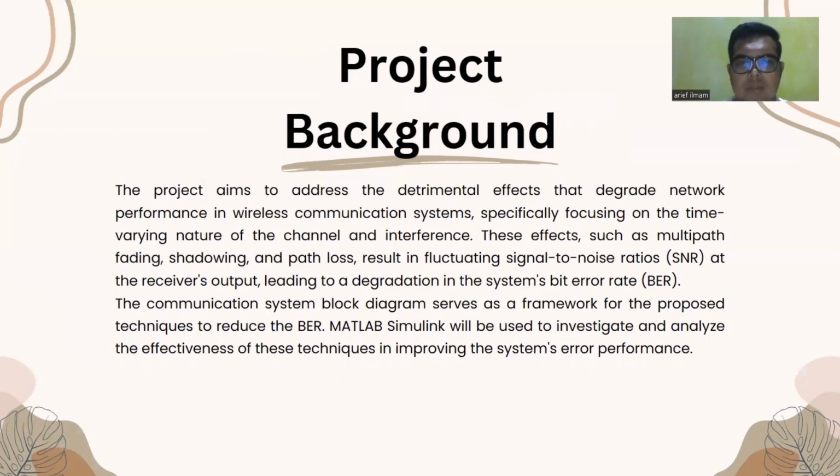The communication system diagram serves as a framework for the proposed techniques to reduce the bit error rate. MATLAB Simulink will be used to investigate and analyze the effectiveness of these techniques in improving the system's error performance.